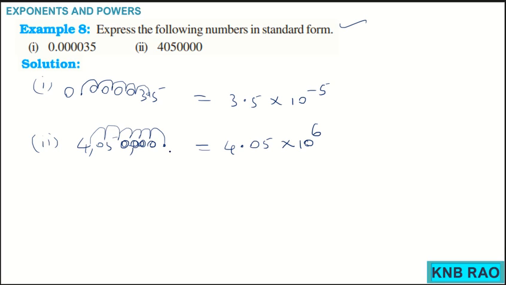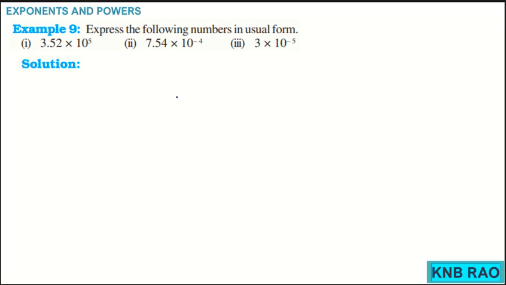So with this, next we have got example number 9. Example number 9 again has 3 sub questions. Let us solve one by one. Sub question 1, express the following numbers in usual form. So 3.52 into 10 power 5, that means 3.52 is to be multiplied by 1 followed by 5 zeros, that means with 1 lakh we have to multiply.